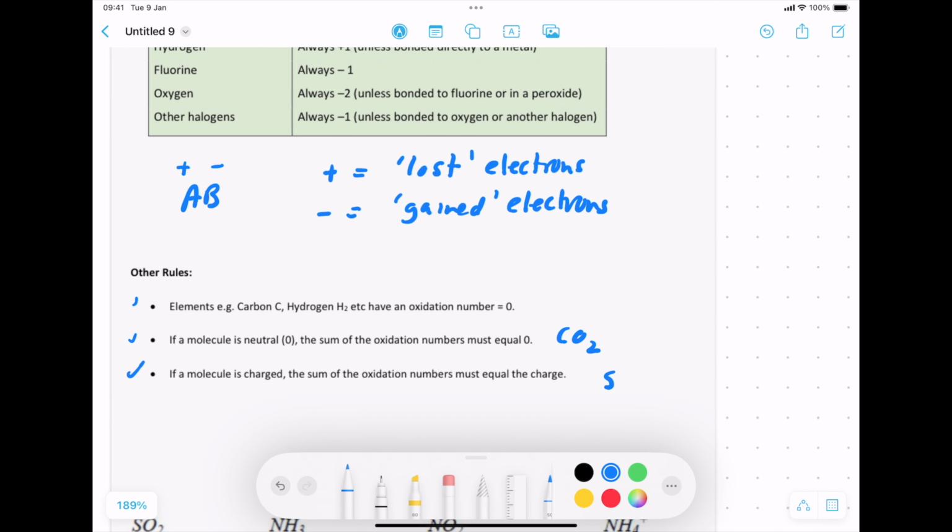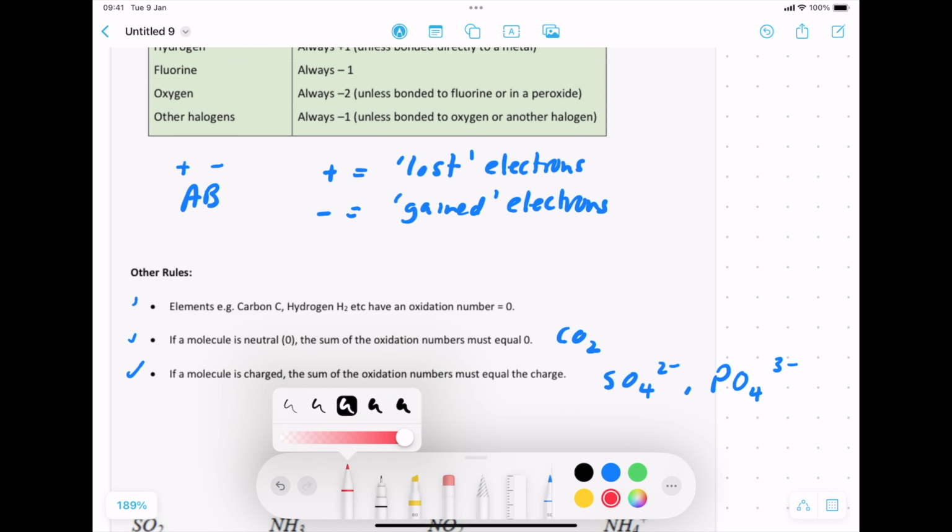So for example, say we had SO4 2-, or maybe PO4 3- phosphate. In the case of SO4 2- sulfate, the sum of the oxidation numbers must add to -2, and for phosphate, they must add to -3.